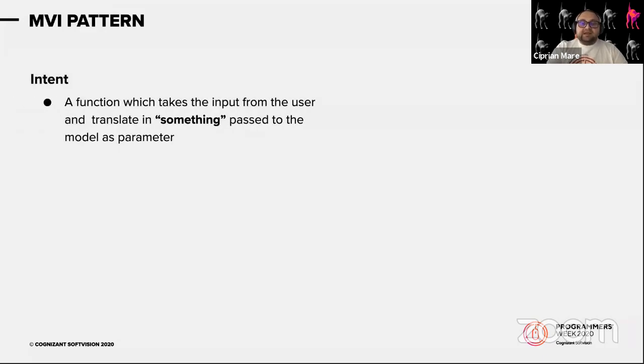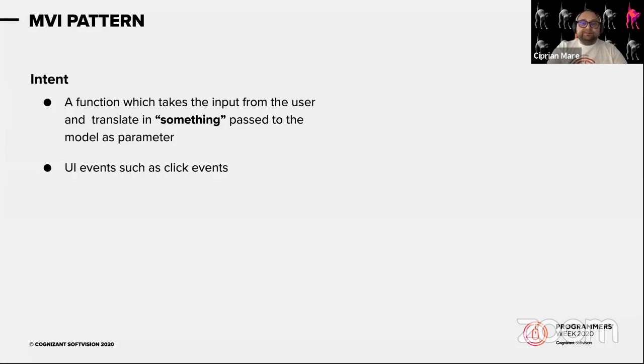Now let's take a look at MVI from a mathematical point of view. Basically, using a mathematical point of view, we can describe Model View Intent as follows. The intent is a function which takes the user input and translates it into something that will be passed as a parameter to the model function.